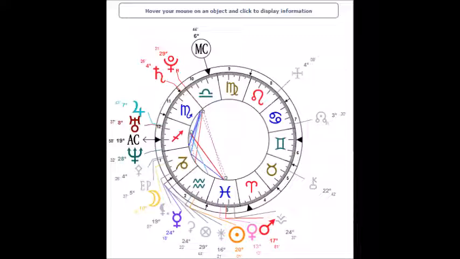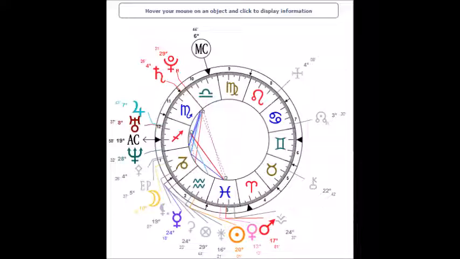So going back to your 1st house, Capricorn energy. Now, your moon is interesting because it's the number 10. That is the Wheel of Fortune card. Now, that connects to Jupiter.